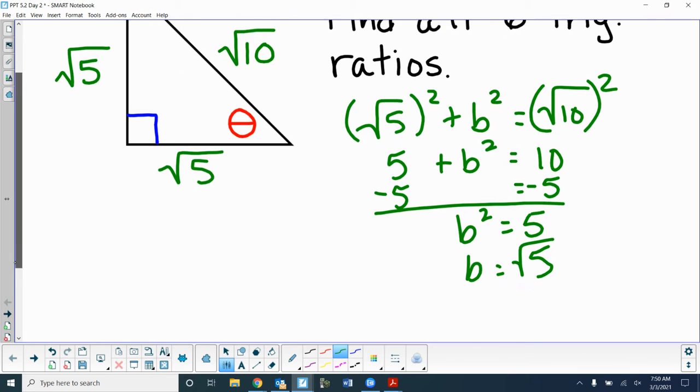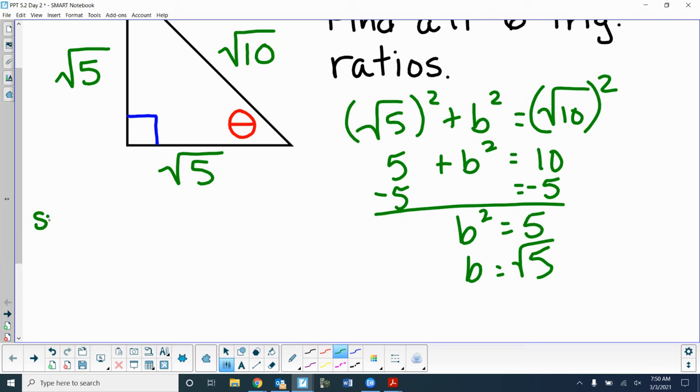Okay, so the 6 trig ratios are, see if I can squeeze them in here: sine, cosine, tangent. Those are the 3 main ones. And here's theta, so sine is opposite, square root of 5, over hypotenuse, square root of 10.